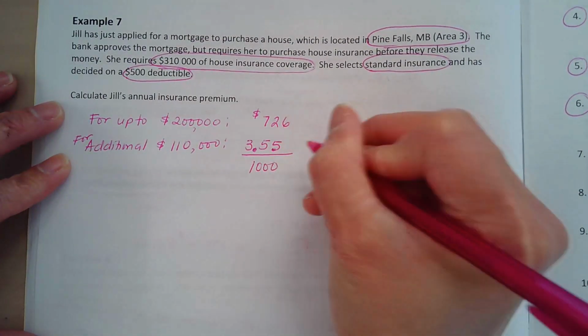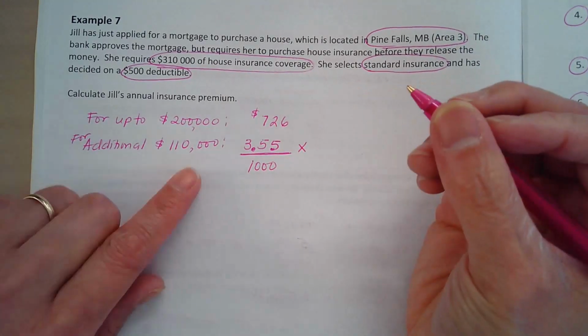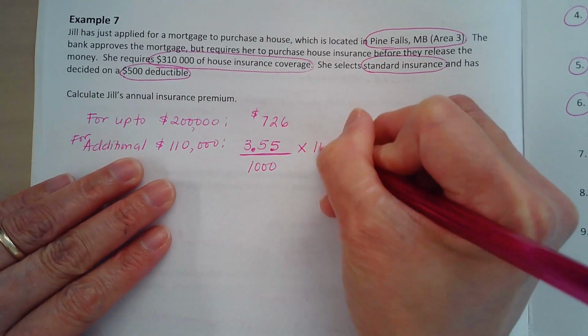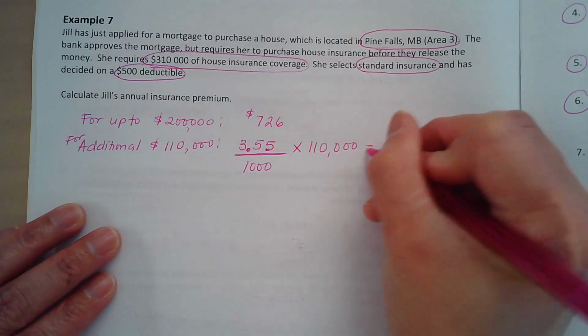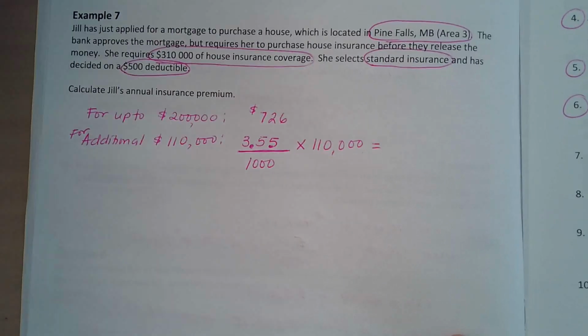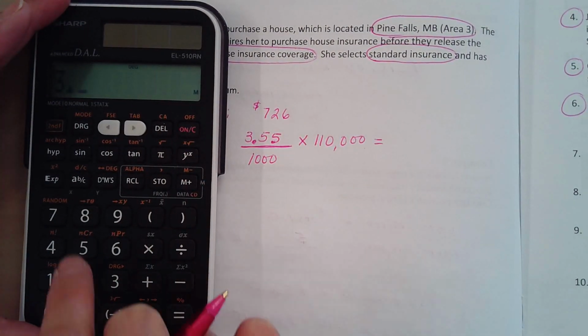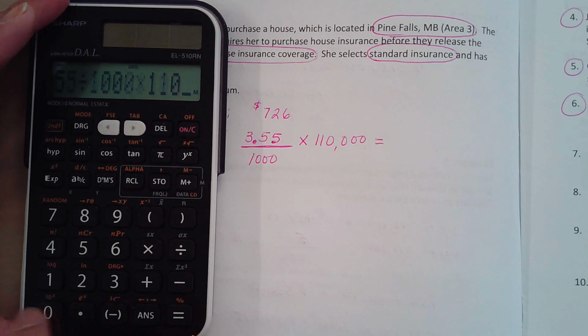So $3.55 per thousand, so divide by 1,000 times how much? How many thousands do I need? 110,000. Okay, let's calculate that piece. Okay, let's do it together. So 3.55 divided by 1,000 times 110,000.